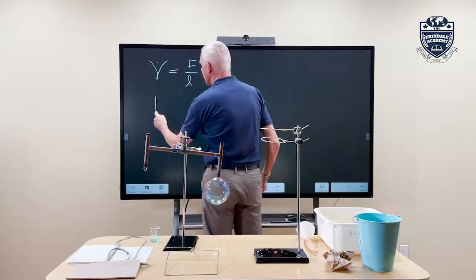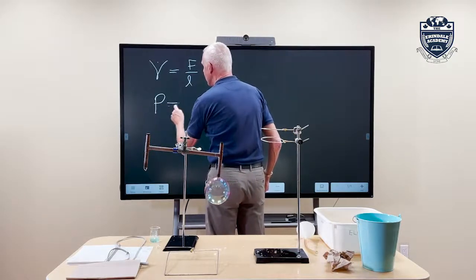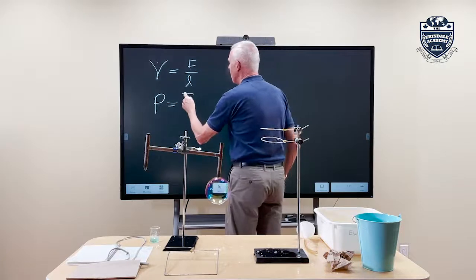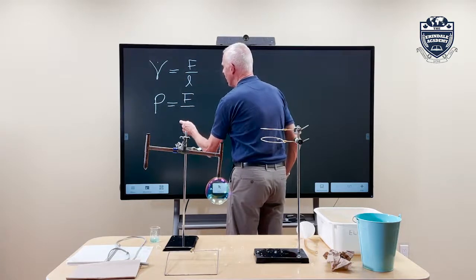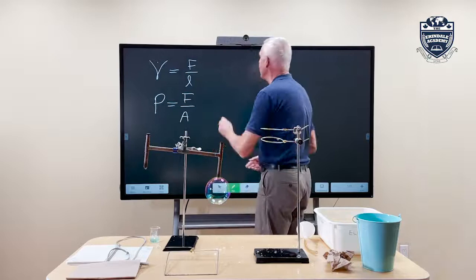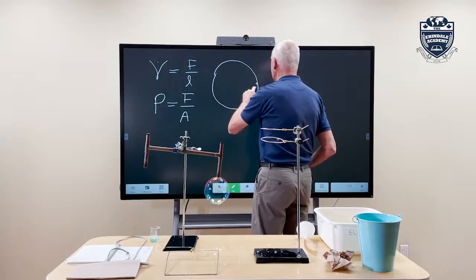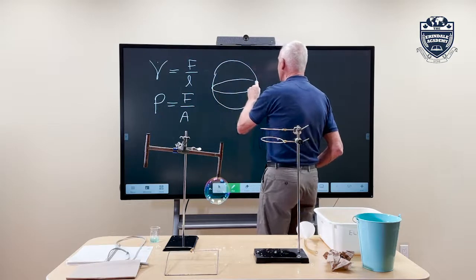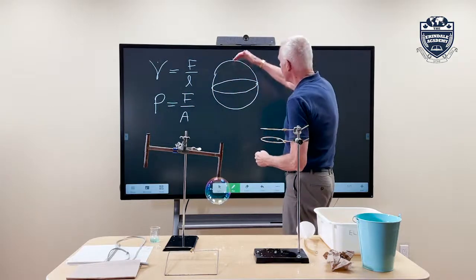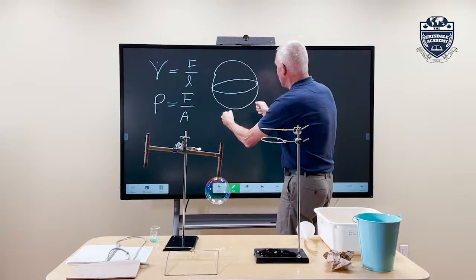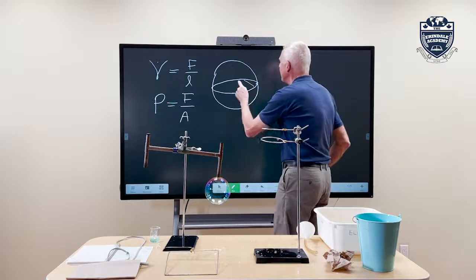The pressure inside a soap film is force per unit area. Now if we look at a soap film or a bubble like that, I'm just going to cut it in half, and the top part is being pulled down on this area here.